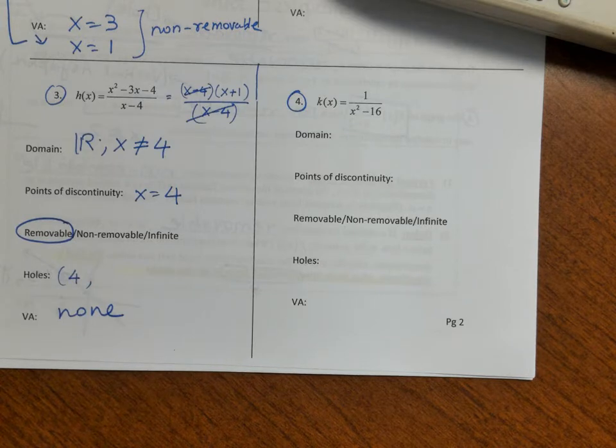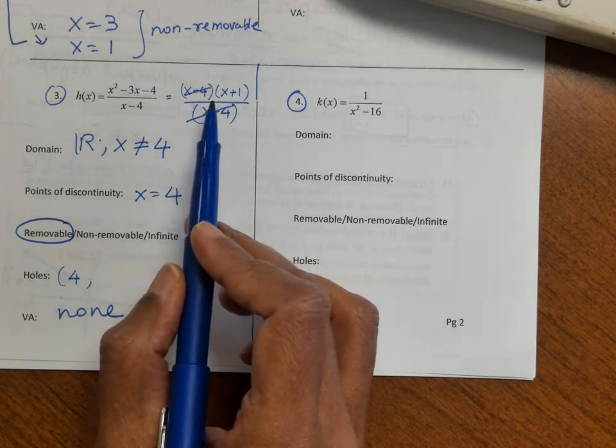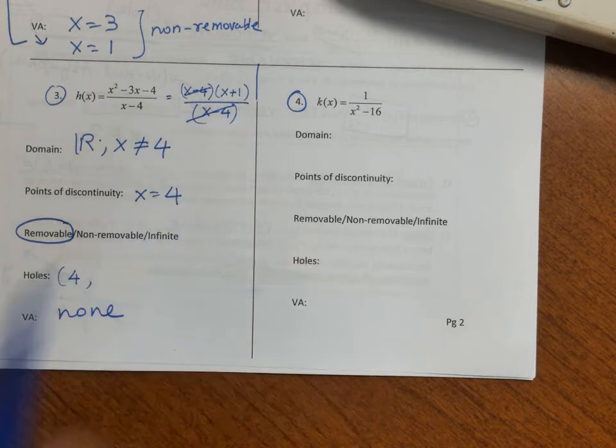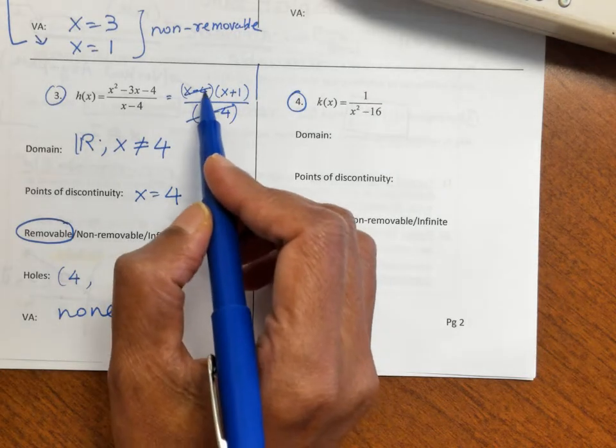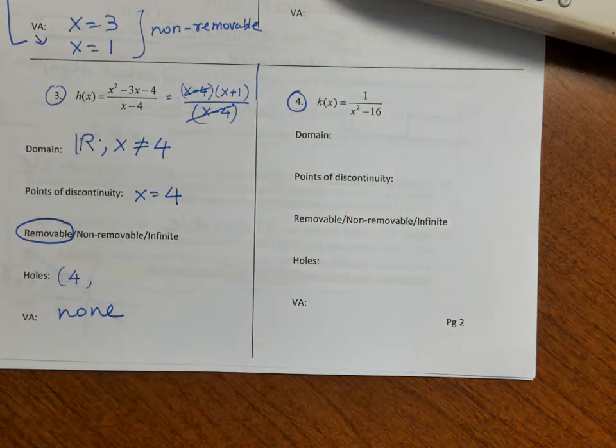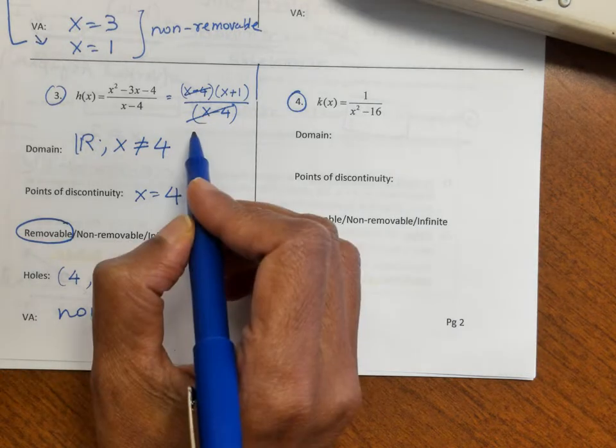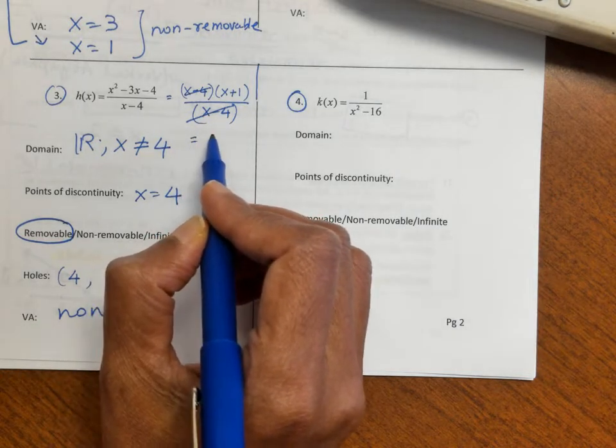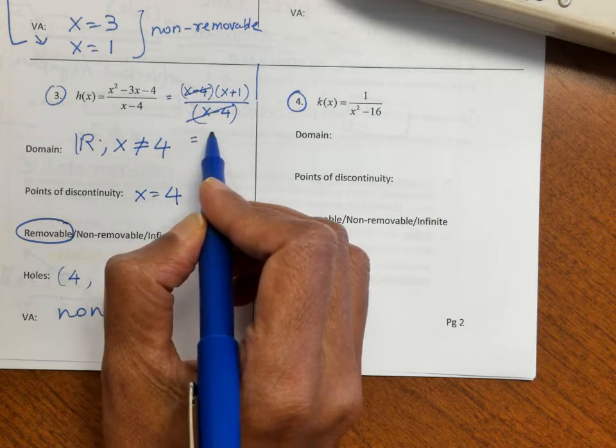Alright, can we all look at what I filled in? I factored the numerator as x minus 4, x plus 1. Everybody good with the factors? After I factored, what do I see? X minus 4 and x minus 4 gets cancelled. So my equation is actually just h of x equals x plus 1.